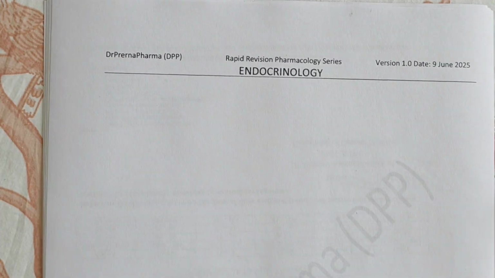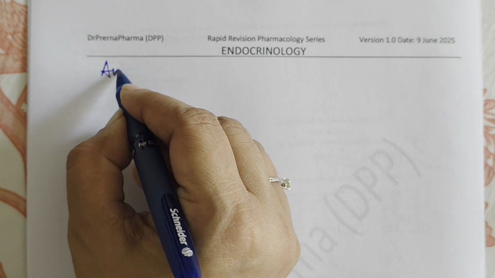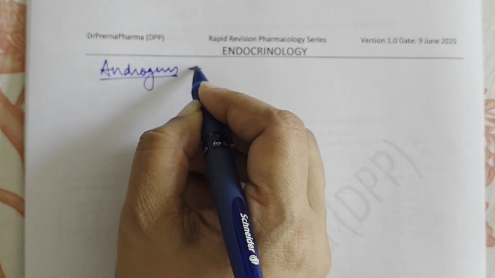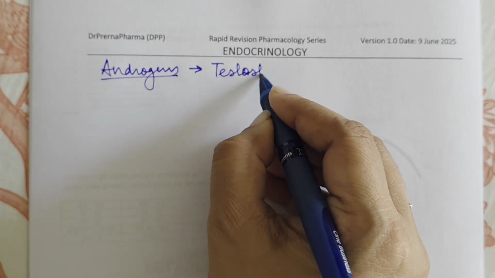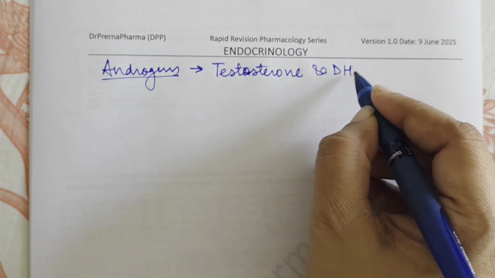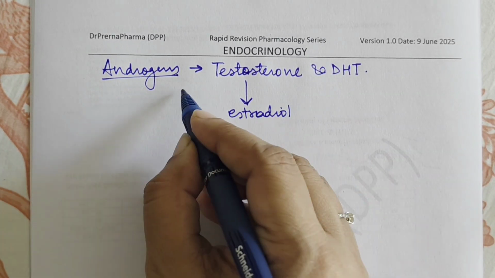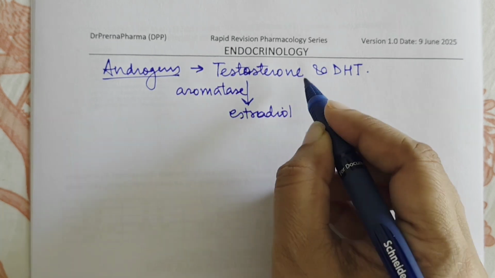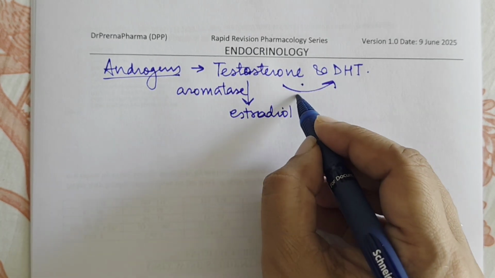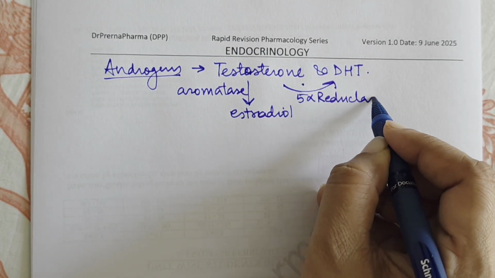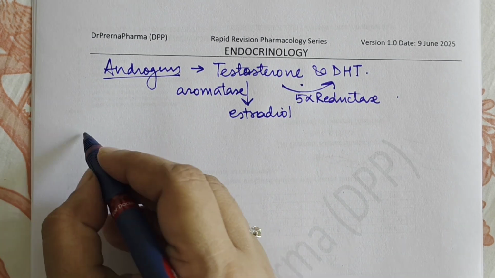The next thing that we discuss is androgens. We have two main androgens, that is testosterone and dihydrotestosterone. Now testosterone is converted to estradiol by aromatase enzyme that I have told you earlier, and it is converted to dihydrotestosterone by 5-alpha reductase. Okay. Now what are the uses?